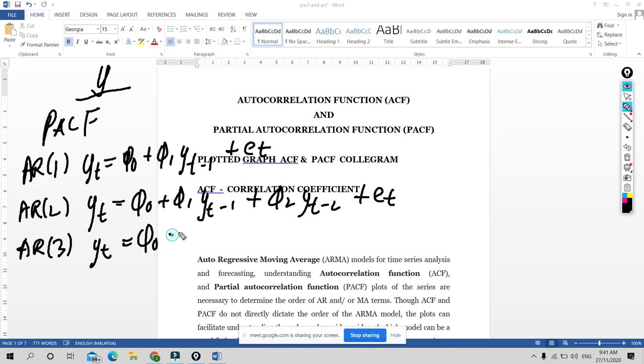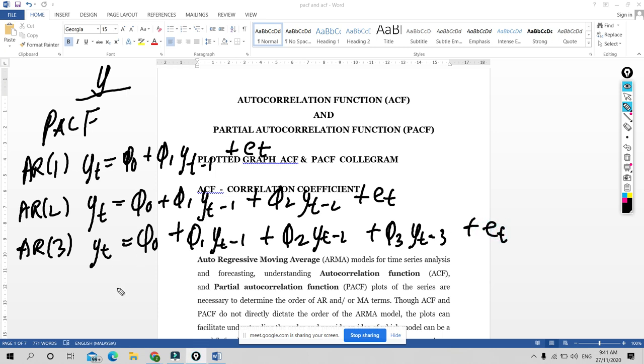Now, partial autocorrelation, partial means we take a part, we do not consider the others here. So AR1, actually we have only a single variable here, depending on lag. For lag 1, this is your partial autocorrelation, phi 1. For lag 2, we have two variables, phi 1 and phi 2, but because of this partial, we just take phi 2 as your coefficient.